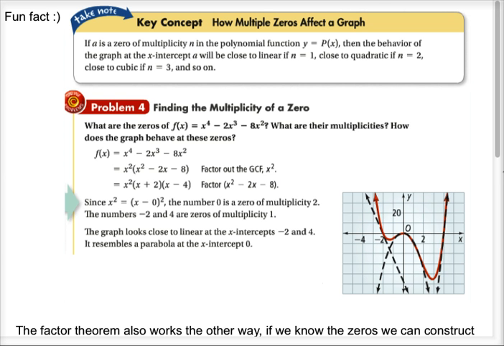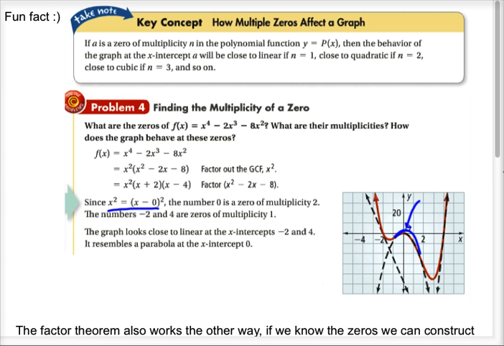Okay, so what does that mean? Well, look at this right here. That 0 has a multiplicity of 2. Okay, it says that right there. So because of that, notice what happens. When your function is going up to it, it doesn't go through the 0. It touches it and goes back down like a quadratic does.